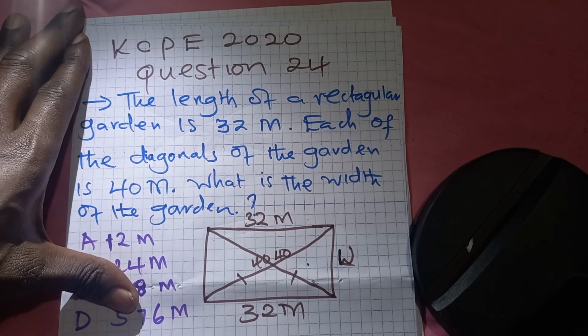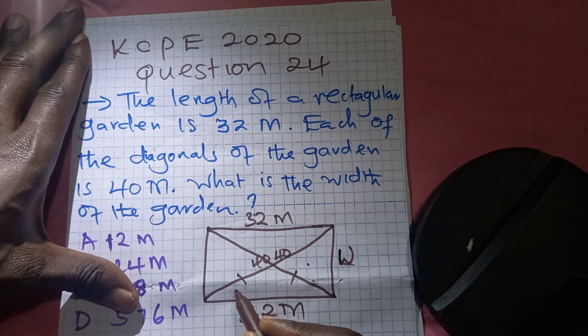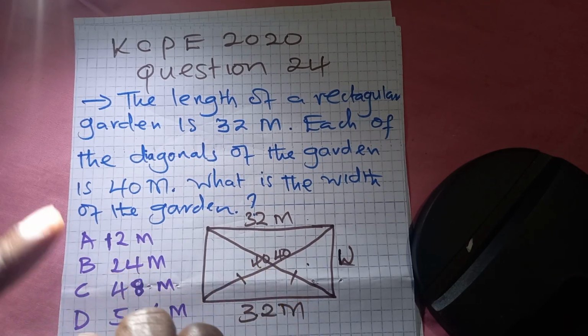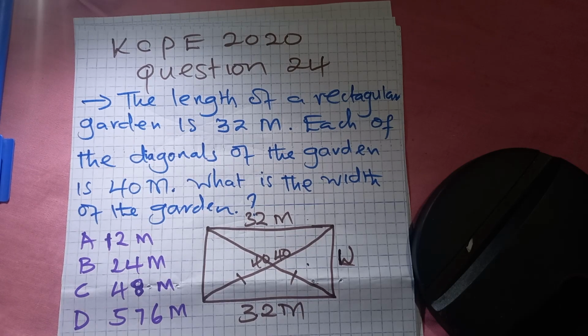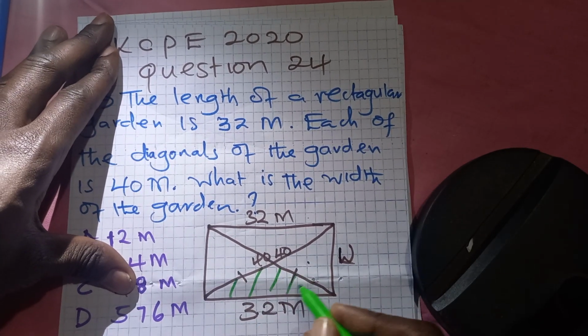So we are going to use one triangle to find the width of that rectangle. Let us use this triangle, and we shade it.